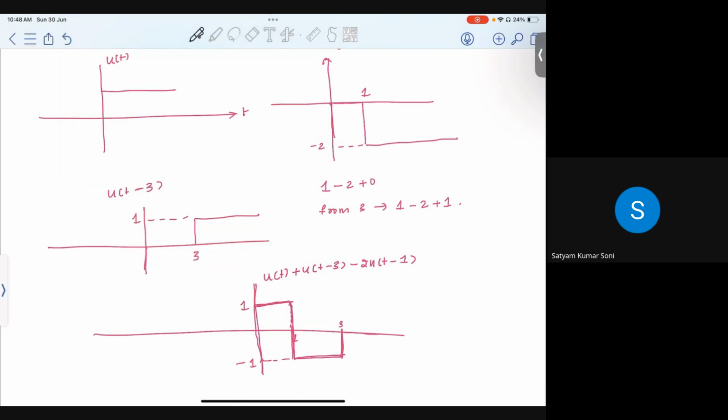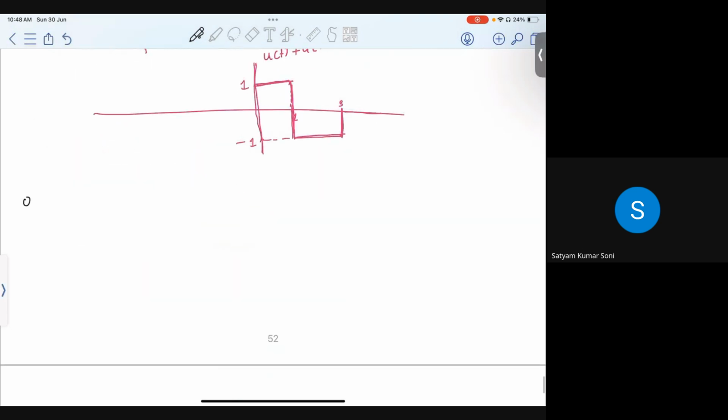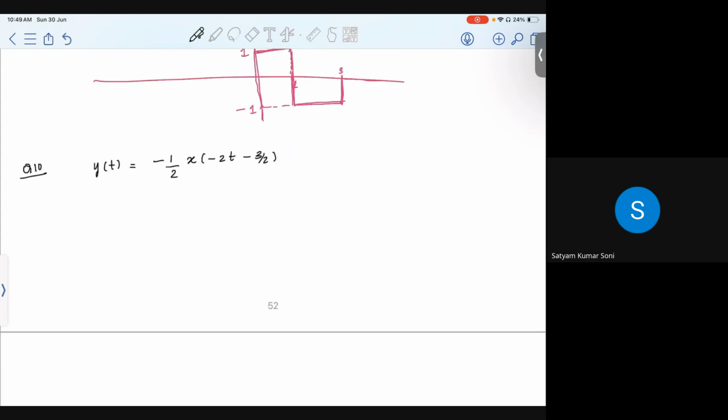10th problem, I wanted to give it to you guys since we did not go the other way around. You are given a signal y of t which is minus half times x of minus 2t minus 3 by 2. So the best way to do it is always transform it into the standard form.